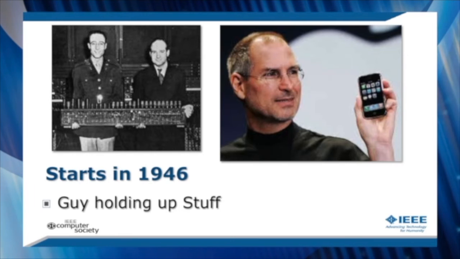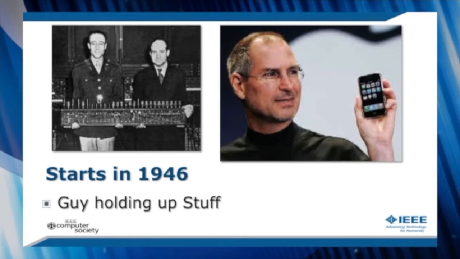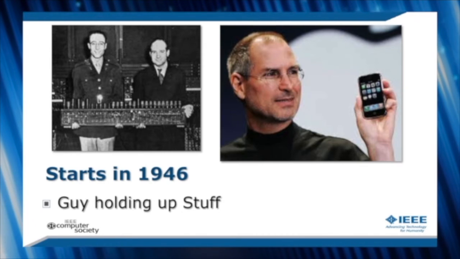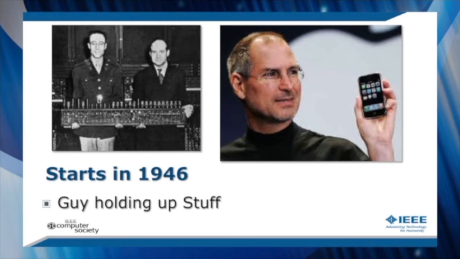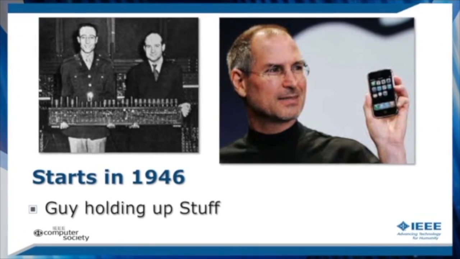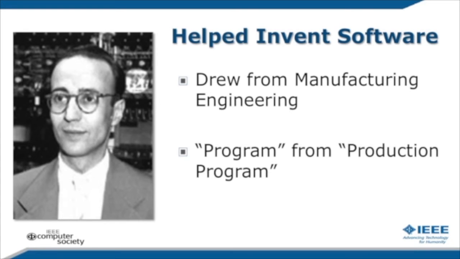Goldstine, who was von Neumann's assistant, really helped to invent software. He grasped that the problem of commanding these machines to produce numbers was hard and that it required discipline. He drew his ideas heavily from the field of manufacturing engineering. Indeed, the word program came from production engineering.